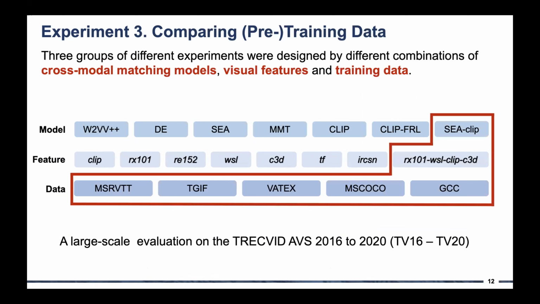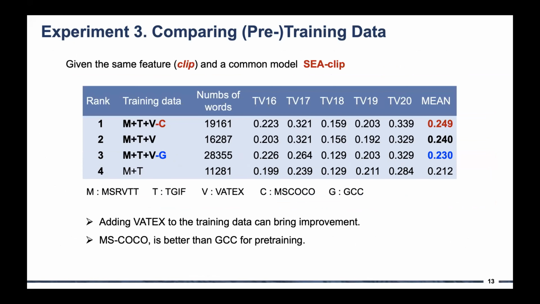Lastly, when considering the joint use of multiple pre-training or training datasets, we use C-CLIP and the best combined feature, namely the concatenation of RX101, WSL, CLIP, and C3D. As shown in this table, comparing rank 4 and rank 2, we can find adding Vitex to the training data can bring improvement.